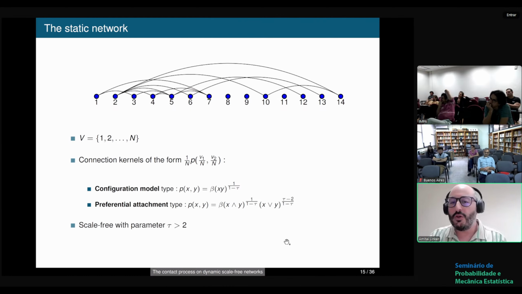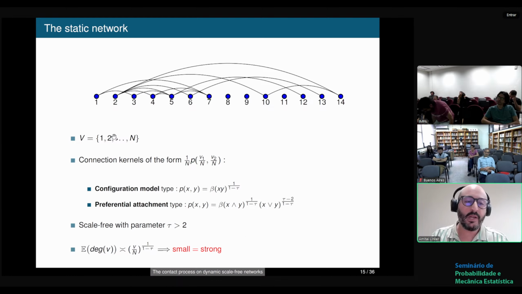Okay, so you use these kernels. So for every two vertices, what you do is flip a coin, right? And if heads, with this probability, you draw the edge, and if not, then you don't draw anything. And for these two choices of the kernel, what you obtain is a scale-free network with parameter tau larger than 2.